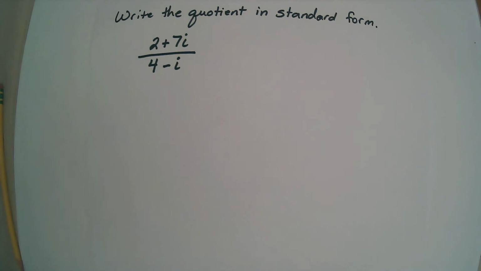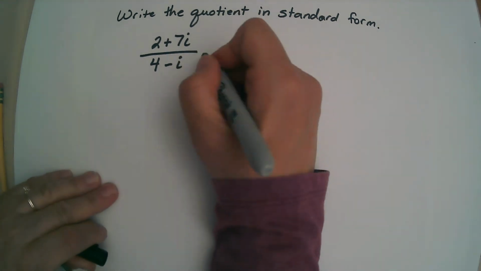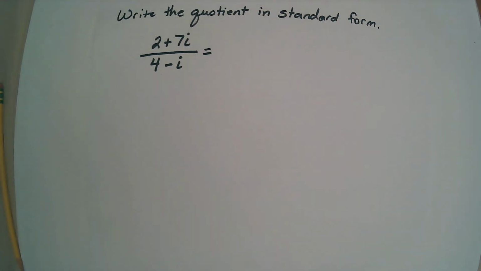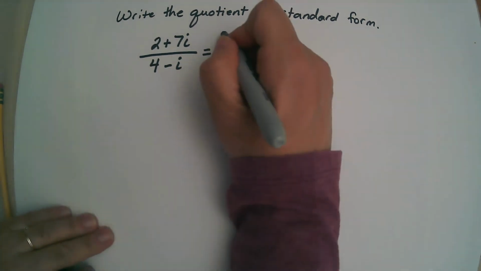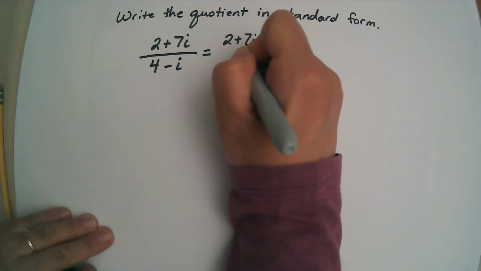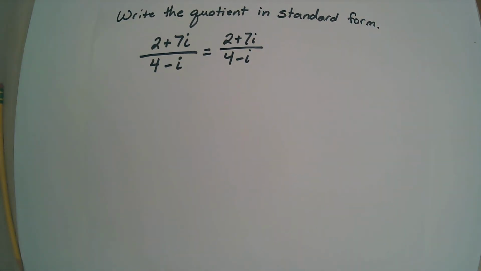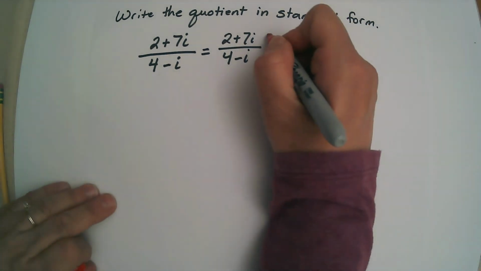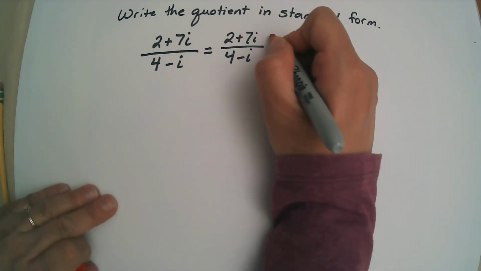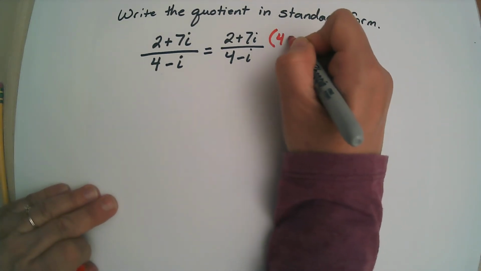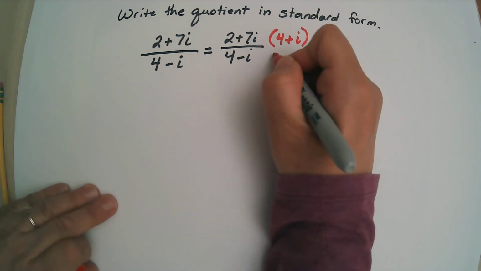We want to multiply this by the conjugate of the denominator. So we have 2 plus 7i over 4 minus i. And I do mean that we're going to multiply both the numerator and the denominator by the conjugate of the denominator, so that we won't actually change the value of the fraction.